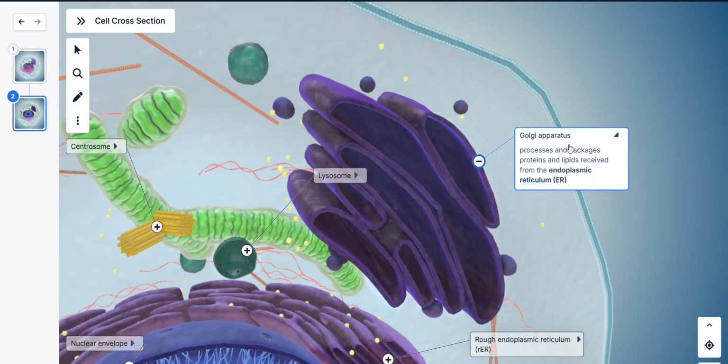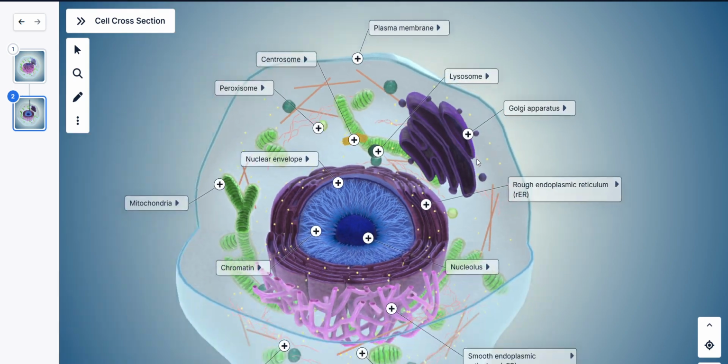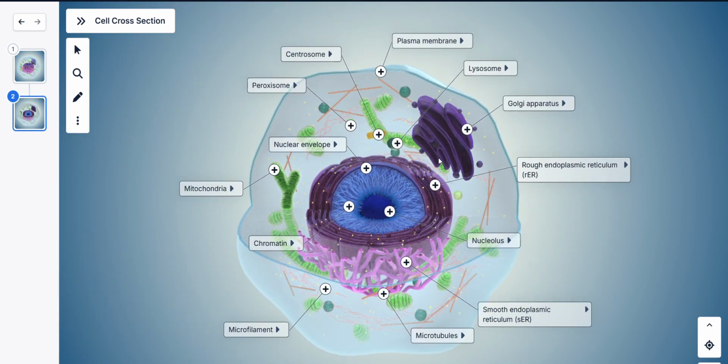So this processes and packages the proteins and lipids received from the endoplasmic reticulum. So that's the work. There are two types, rough and smooth.